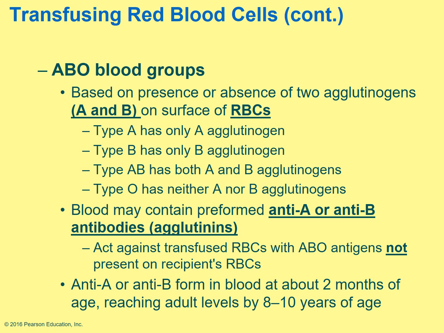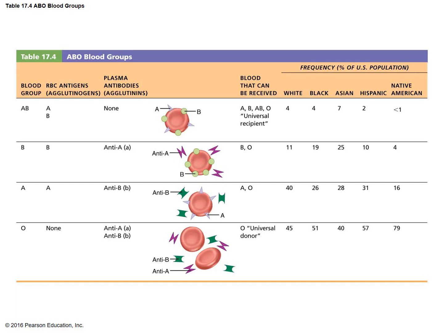The anti-A and anti-B antibodies will form in the blood at about 2 months of age. They're there and then slowly increase, and you'll have them by 4 months.